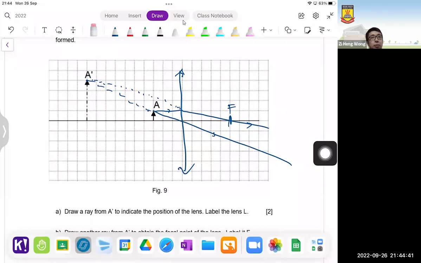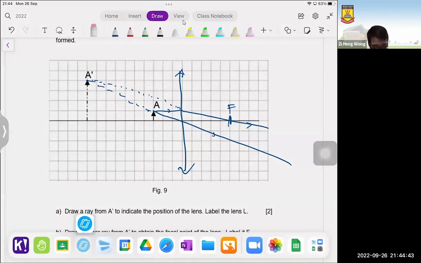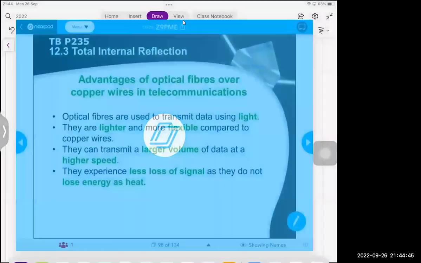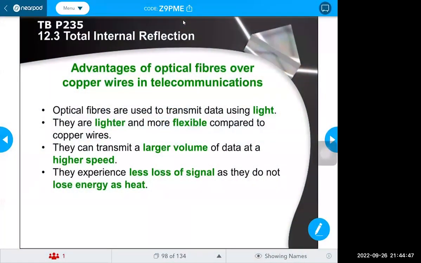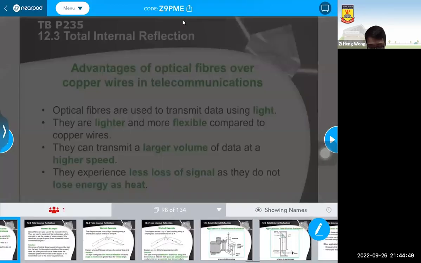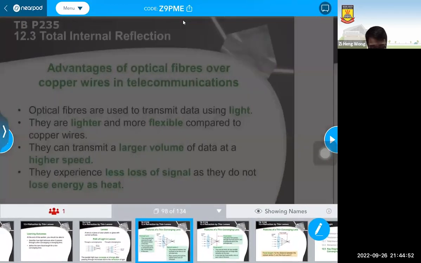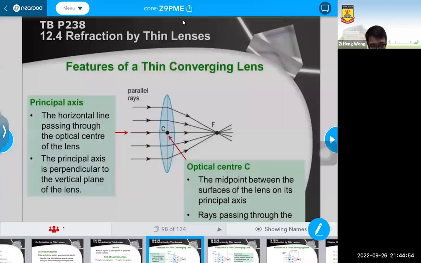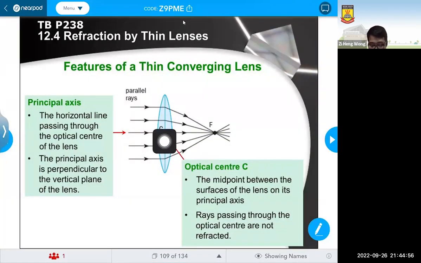Okay, so maybe I just do a quick recap of the key stuff about lenses. Principal axis is this horizontal line. Optical center is the midpoint of the lens. Rays passing through the optical center are not refracted. This is a very important rule.